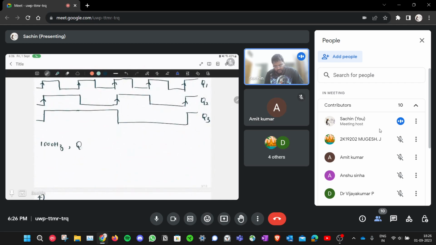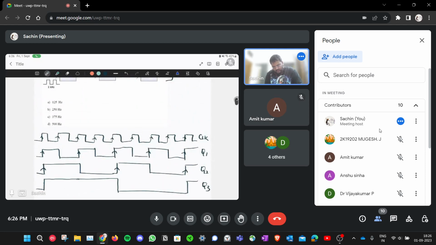Q1 will have a frequency of half of that, 500 hertz. Q2 will have a frequency of 250 hertz. So Q3 will have a frequency of 125 hertz. That's option A.